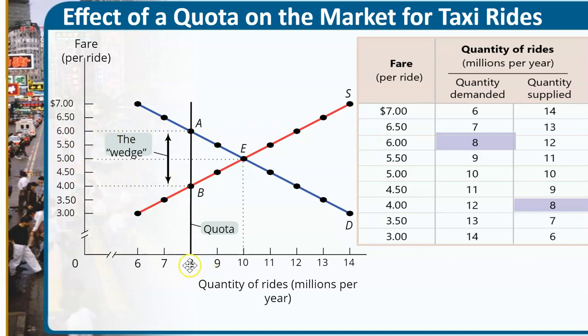So with the quota imposed, a smaller quantity, there is going to be a greater price charged because the taxicab owner can charge at point A, even though in a normal world with a quantity like this, they'd be charging at B. So they can charge $6, and this wedge from 6 to 4 is going to go into the taxicab owner's pocket. But what they're not producing is the 10 million rides that were produced at equilibrium in that free market. So 2 million riders are actually not going to get a ride as a result of this.